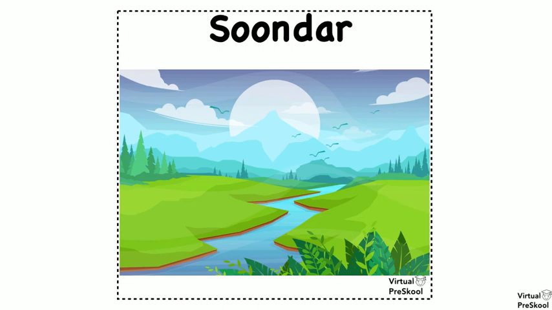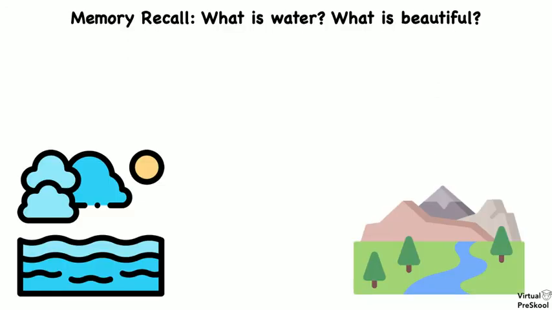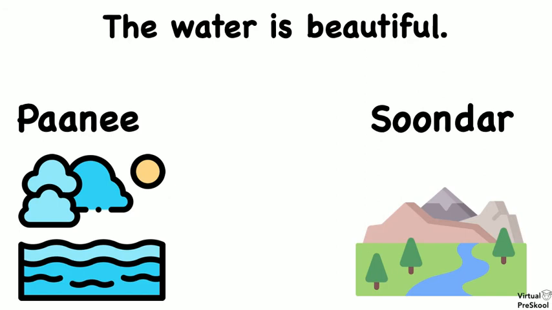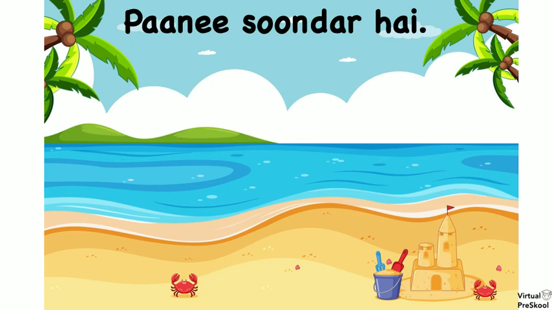So what was water? Paanee. And what was beautiful? Sundar. So how would we put that together in Hindi? If you said Paanee sundar hai, shabash, very good. Paanee sundar hai, the water is beautiful.